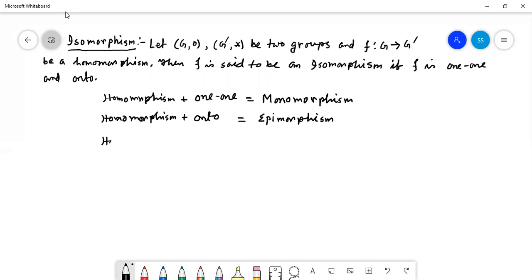Homomorphism plus into, then it is endomorphism.